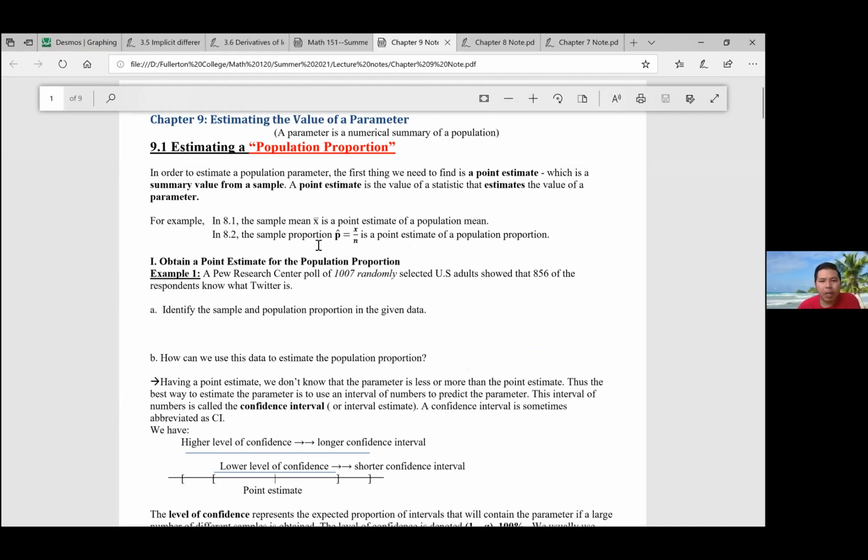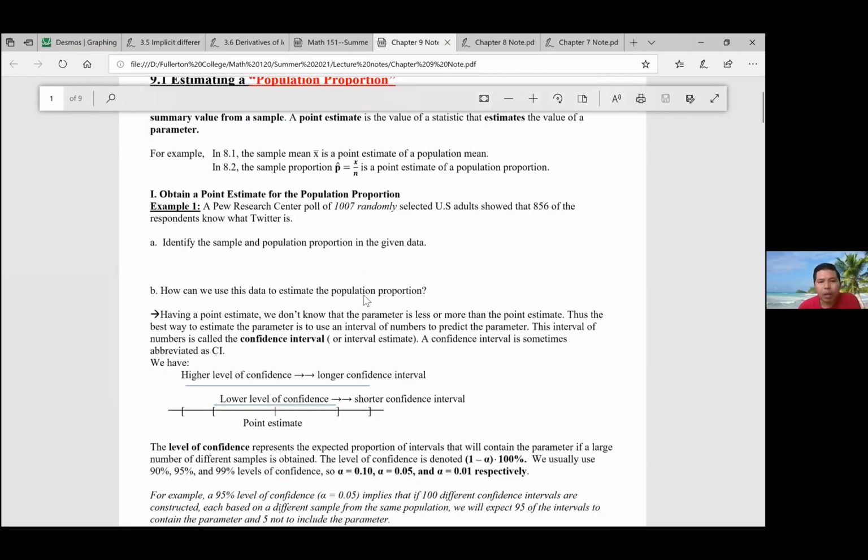The point estimate for 8.1 will be x bar, and for 8.2 it was p hat, so p hat equals x over n. Based on that, we can find the point estimate for the population.